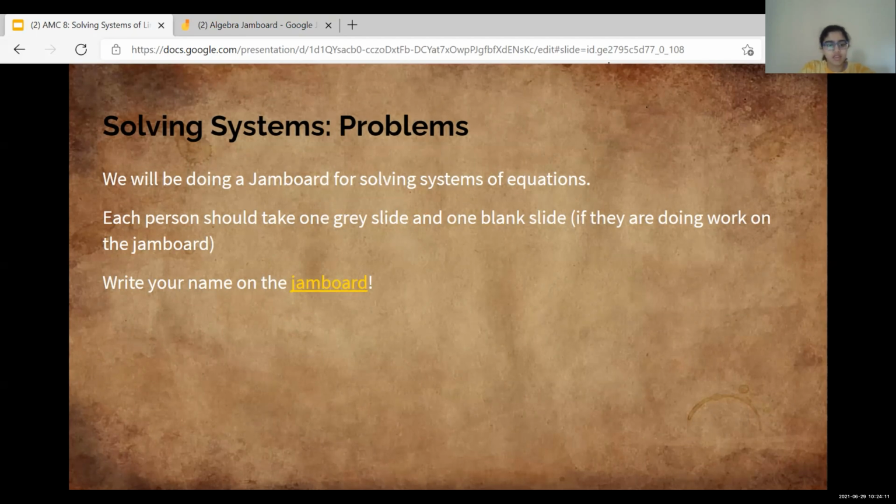Give me a second. My Jamboard just shut down. Let's take the break at the hour. Okay, so everybody, you should be able to reload it, and you should be able to edit the Jamboard.